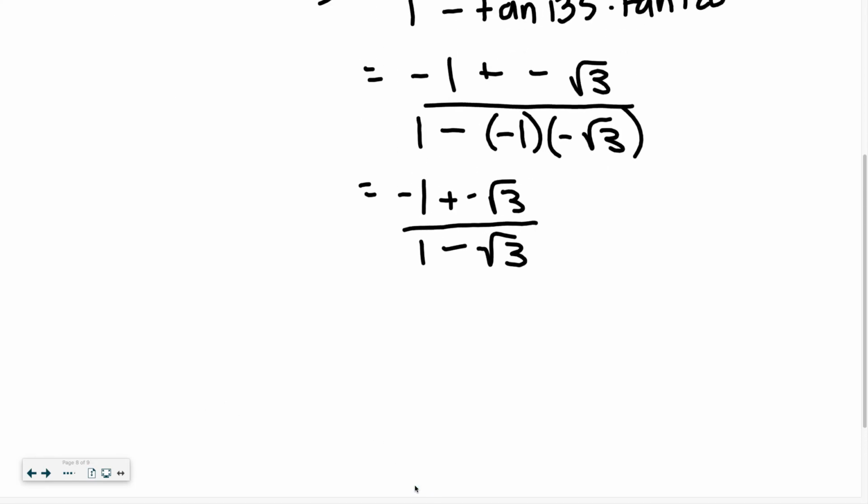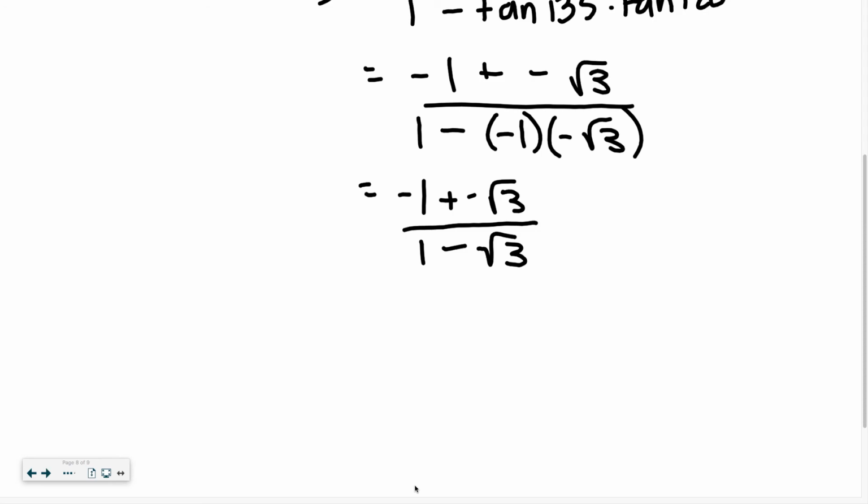Are we okay with my work so far? One problem with my answer here? There's a square root in the denominator, so I have to rationalize. Because you have that 1, there's usually going to be a sum or difference down here.